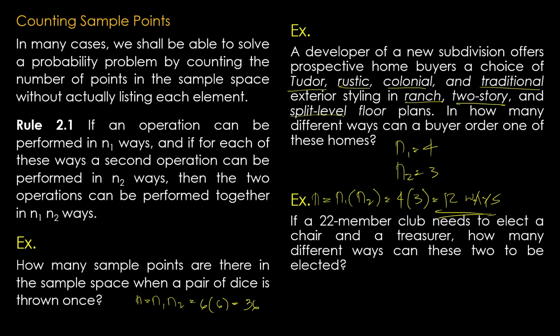If a 22-member club needs to elect a chair and a treasurer, in how many different ways can these two be elected?